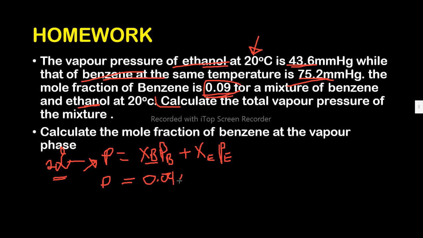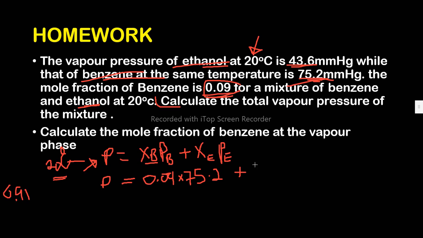And the partial pressure of benzene is 75.2 millimeters of mercury at that temperature. Yes, we shall write 75.2 millimeters of mercury, and then we add 1 minus 0.09. Our answer, I think, is 0.91.